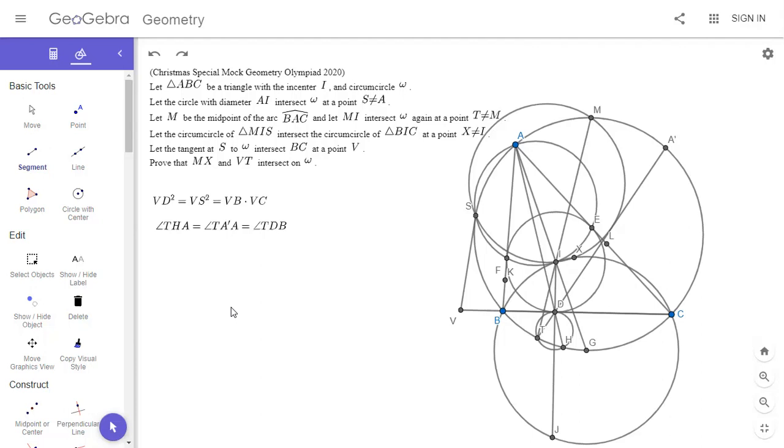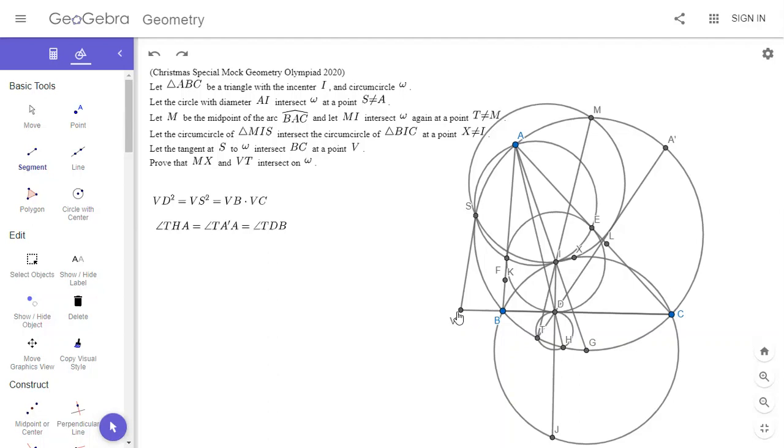Let's see. So is it obvious that VD is equal to VS?